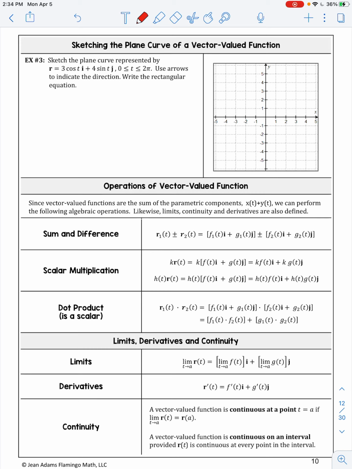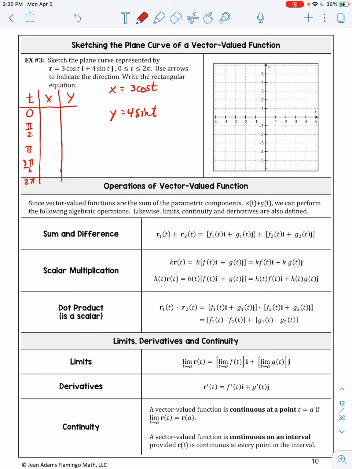Okay, so if you wanted to, we could make a table with our t, x, and y. 0, let's say pi over 2, pi, 3 pi over 2, and 2 pi. And of course, our x is our 3 cosine t, and our y is our 4 sine t.